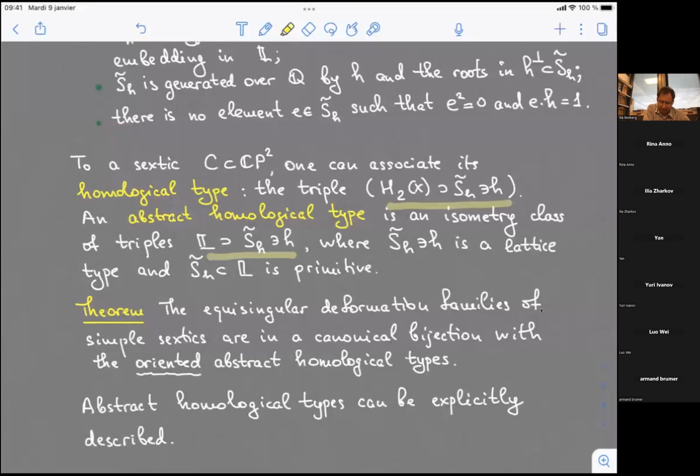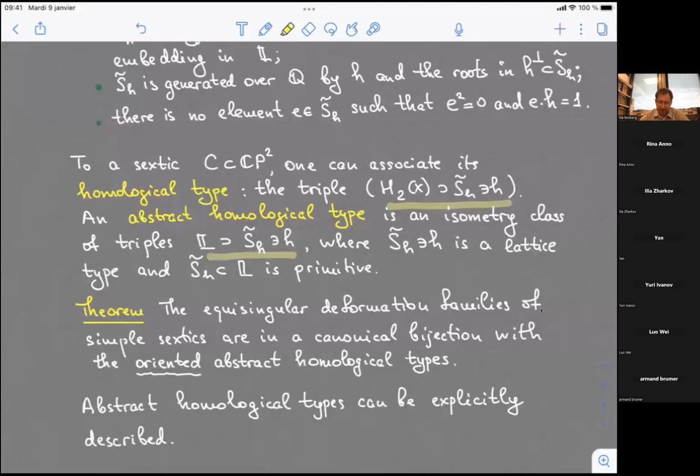So we have a two polarized hyperbolic sublattice, which is primitive in the K3 lattice L. So we can consider the orthogonal complement of this hyperbolic sublattice. The orthogonal complement has two positive squares, right? Because there are three positive squares in the K3 lattice. I have a hyperbolic sublattice with one positive square. The orthogonal complement has two positive squares.